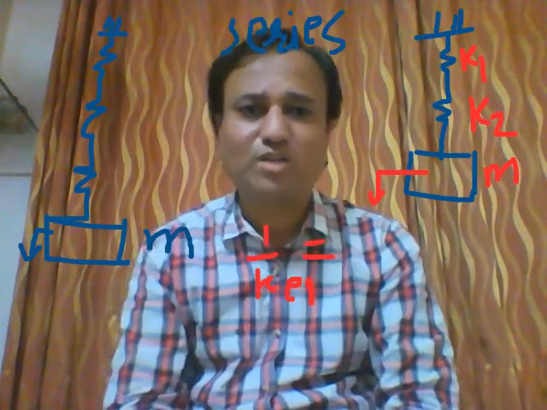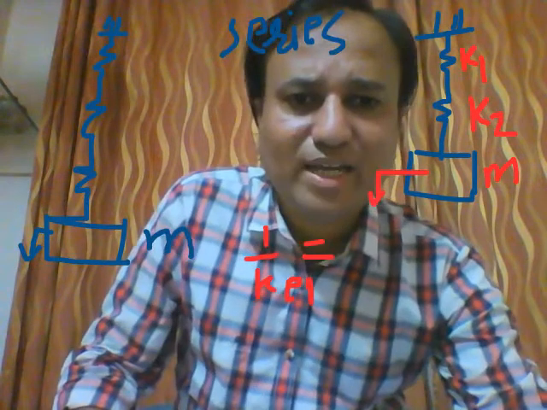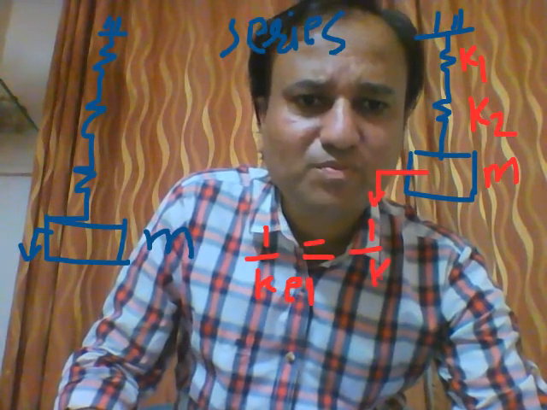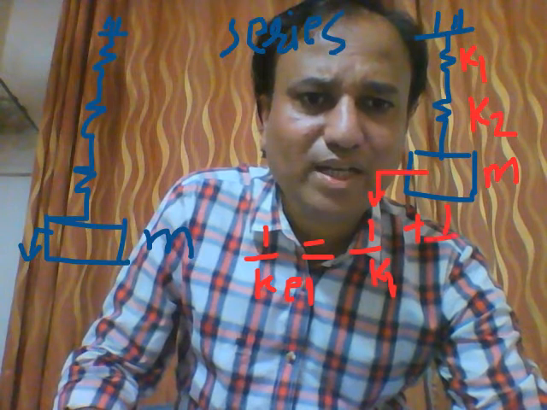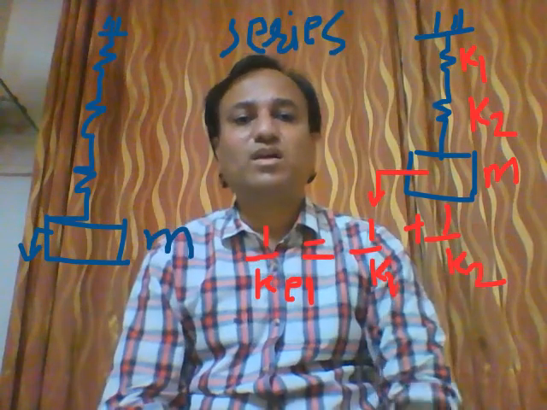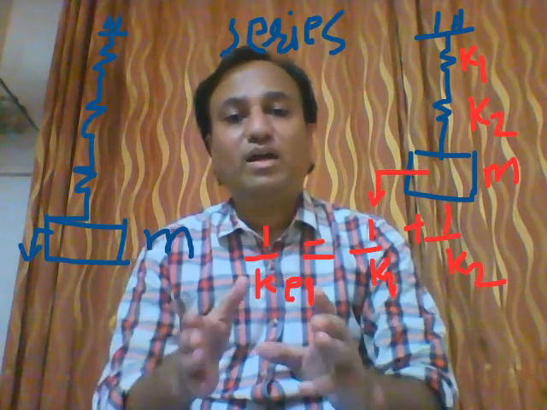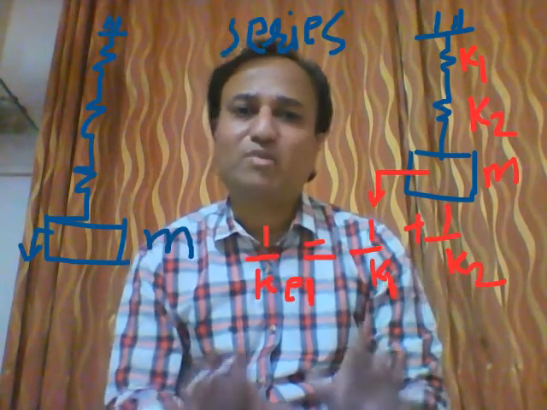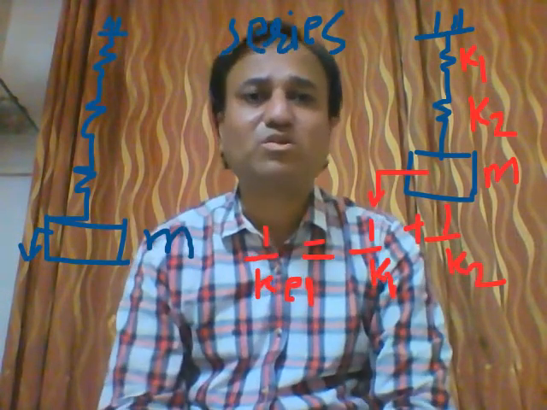That you must find out. So directly 1 by K equivalent will be 1 by K1 plus 1 by K2. That is, students, K equivalent will be K1 K2 by K1 plus K2. Find out, just go through it.